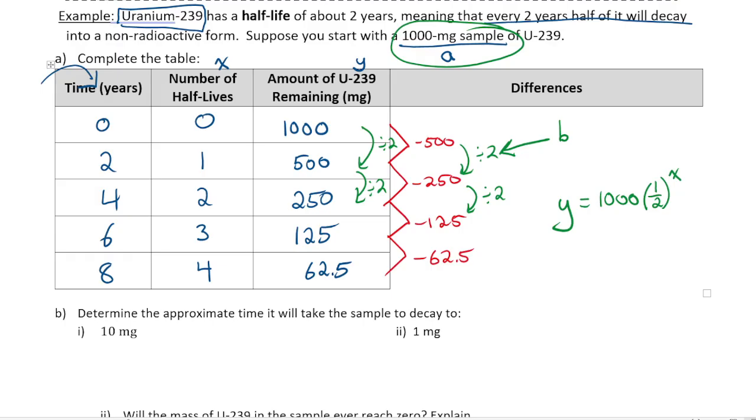And we just need to keep track that x is the number of half-lives. So if an answer asks about years, we'll have to switch between years and half-lives, but that's okay.